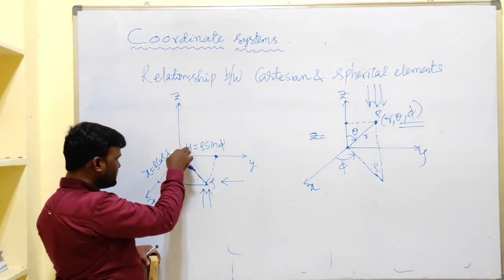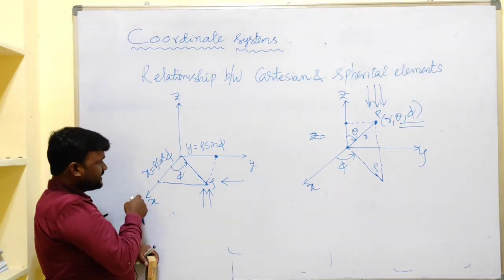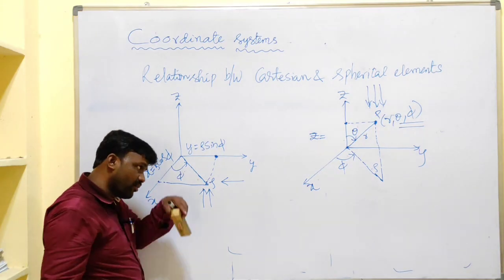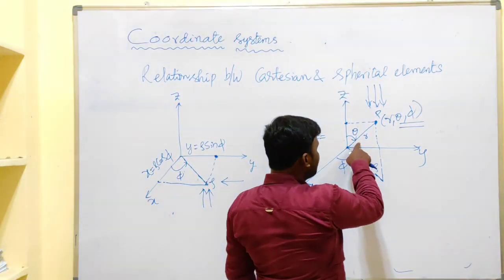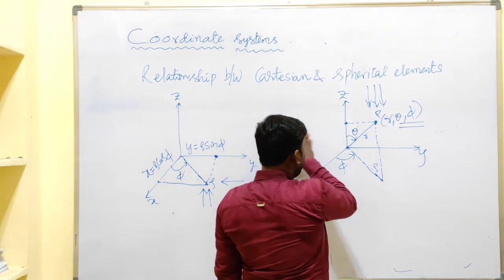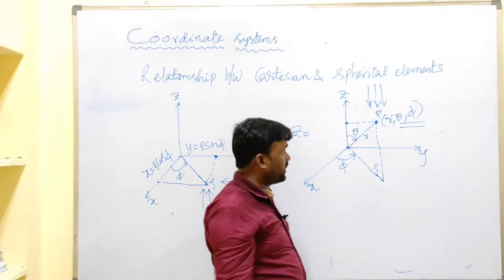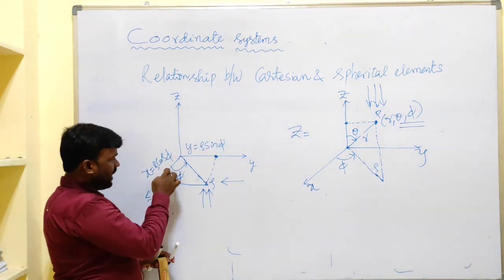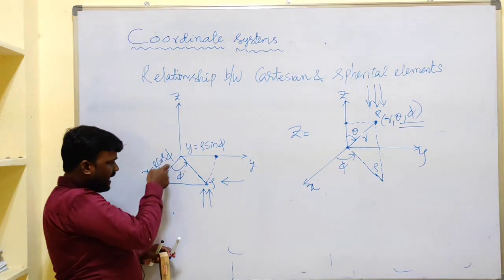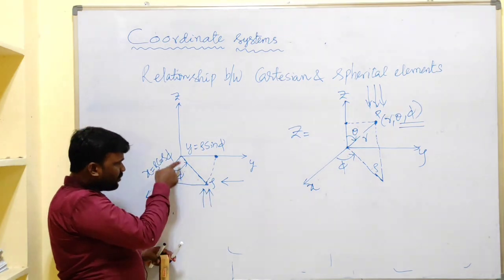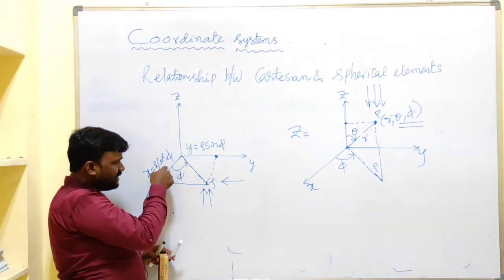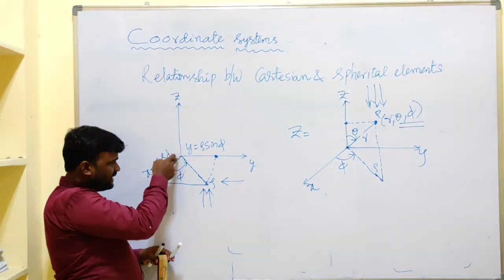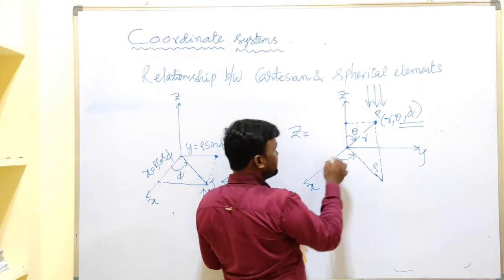That means if the angle is made with the x axis, that component is the cos component, and the remaining is the sin component. Similarly, here the angle is made with the z axis, so for z we will get the cos component of r. If phi is the angle made by rho with the x axis, then x equal to rho cos phi, the adjacent component. Here also z is the adjacent component.